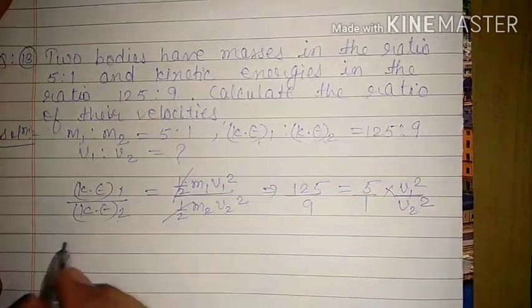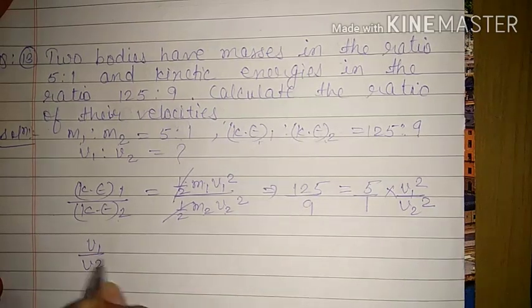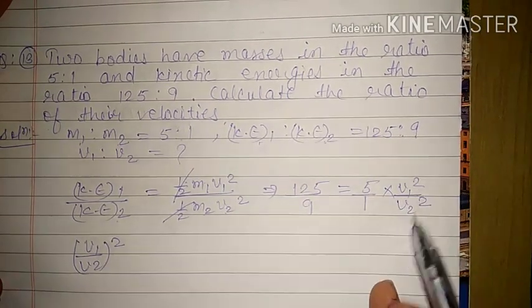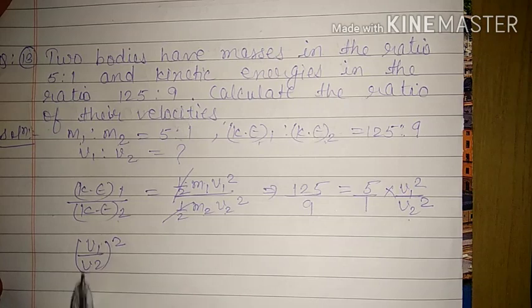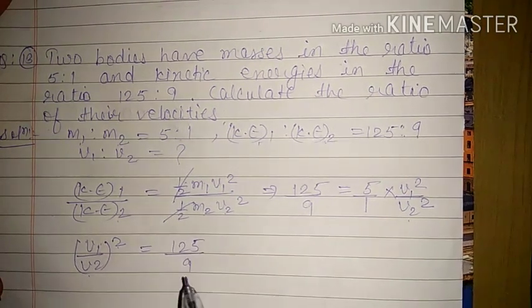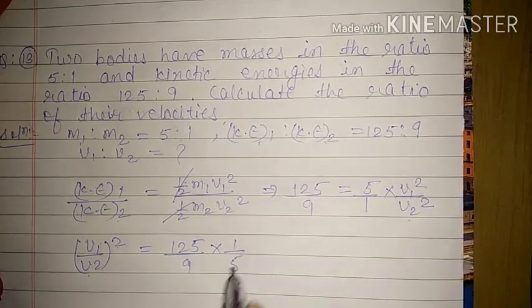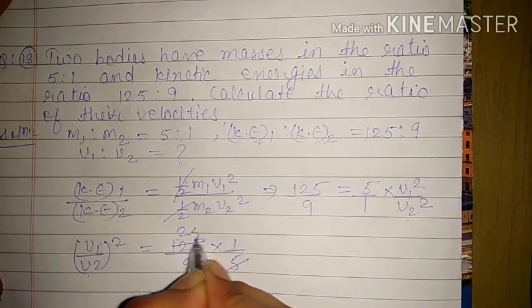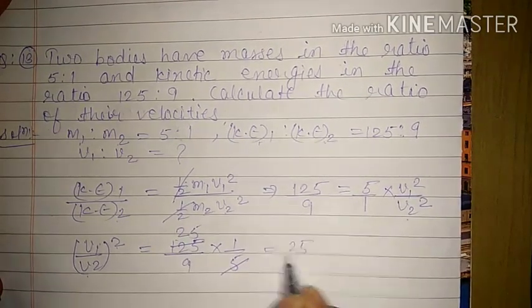From here, v1 upon v2 whole square, because v1 square upon v2 square means v1 upon v2 whole square, is equal to 125 upon 9 into 1 upon 5. So this is 25 upon 9.